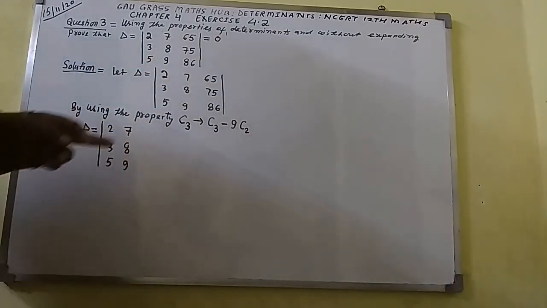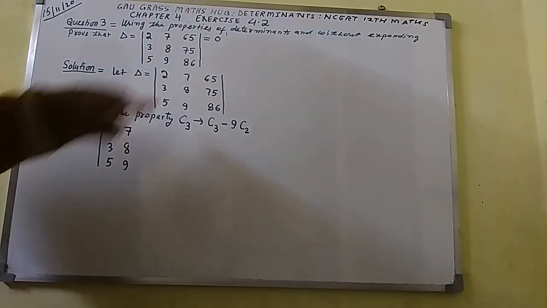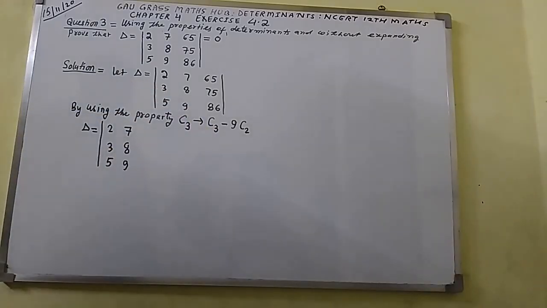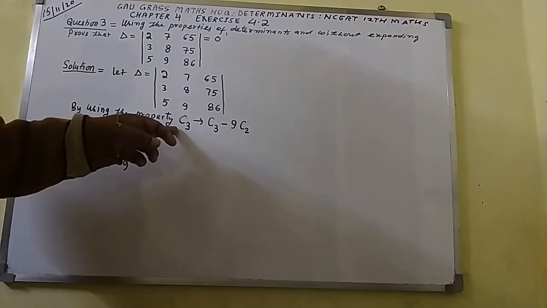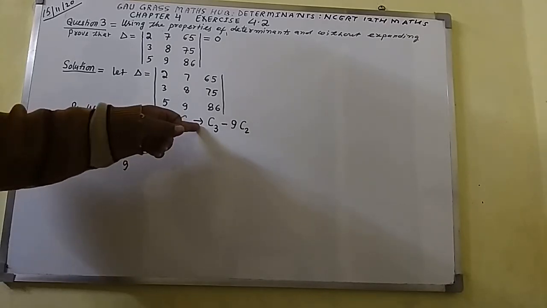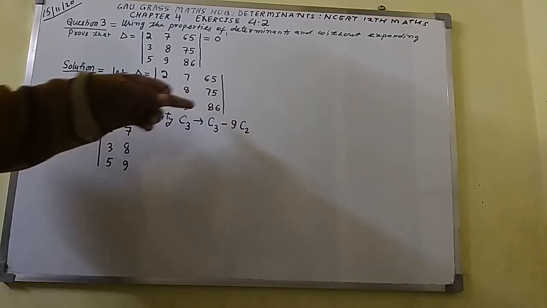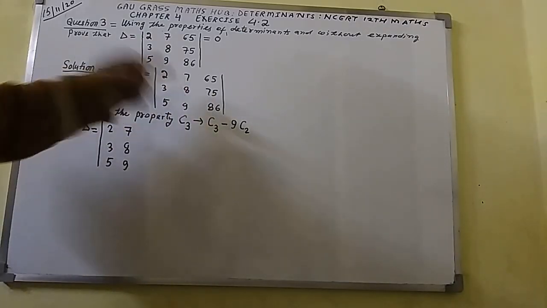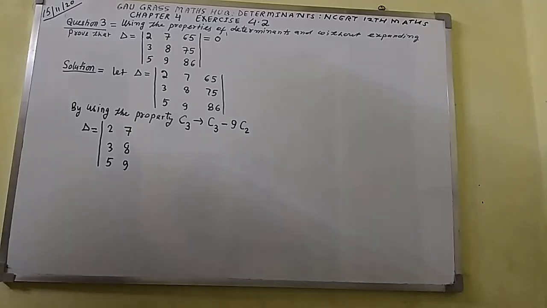First column as it is, second column as it is. Here C3 goes to, this means that changes will occur in the third column only. So let us see what changes will occur in the third column.